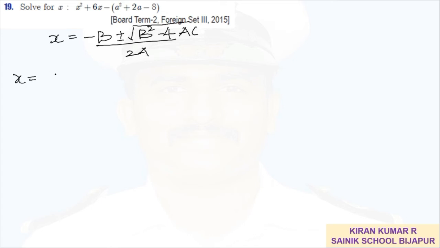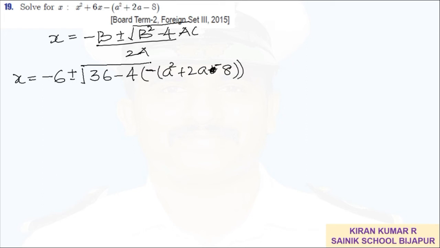So x will be equal to minus 6 plus or minus root of b square is 36 minus 4 times of a is 1, so I will only consider c, which is negative of a square plus 2a plus minus 8 divided by 2a, which is only 2.